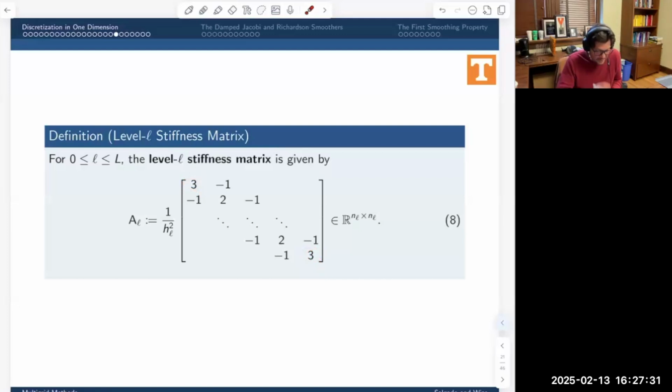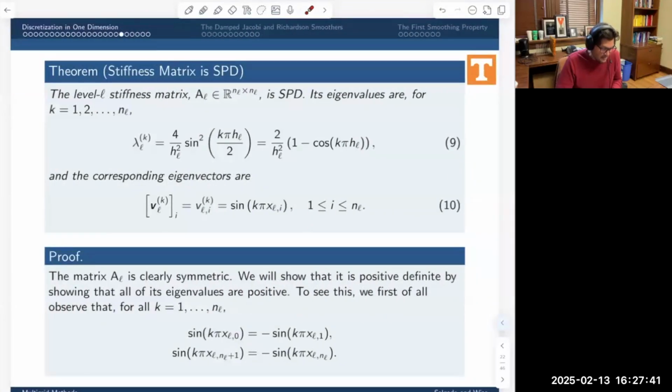So I'll call this Steve Wise's favorite matrix instead of Strang's favorite matrix. But they're related. They're close cousins. In fact, we can show that this stiffness matrix is still SPD. In fact, its eigenvalues and eigenvectors are eerily similar to the eigenvalues and eigenvectors of the standard stiffness matrix, Strang's matrix.